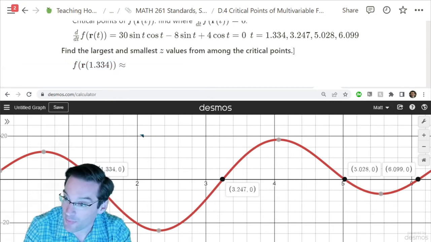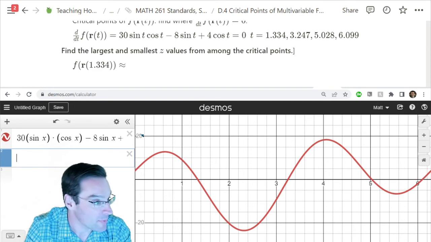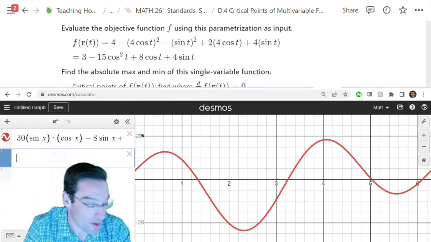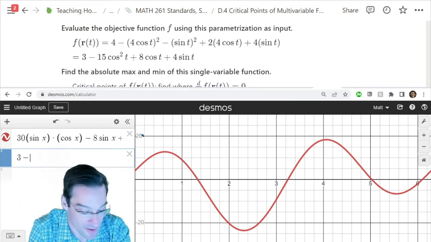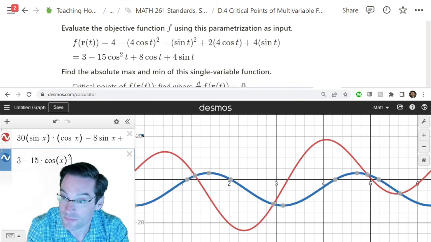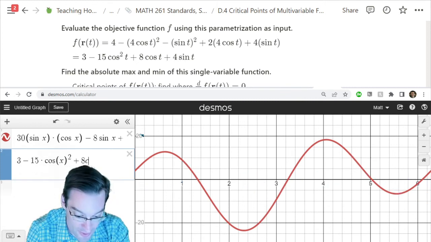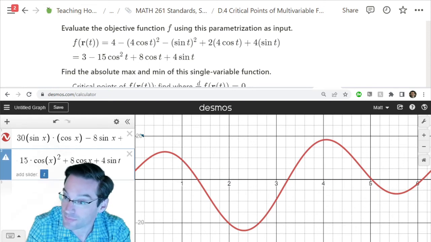Because these are nasty numbers also, we'll just use a little bit of technology to help us out with this too. So my f function was 3 minus 15 times cosine squared of t plus 8 cosine of t plus 4 sine of t.